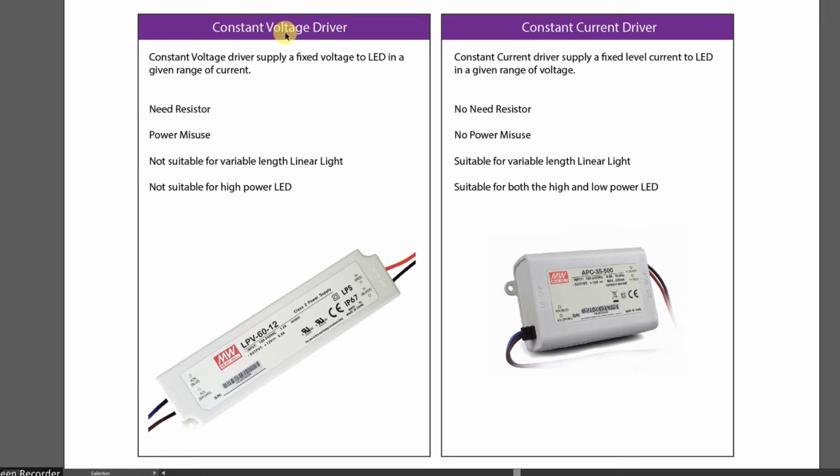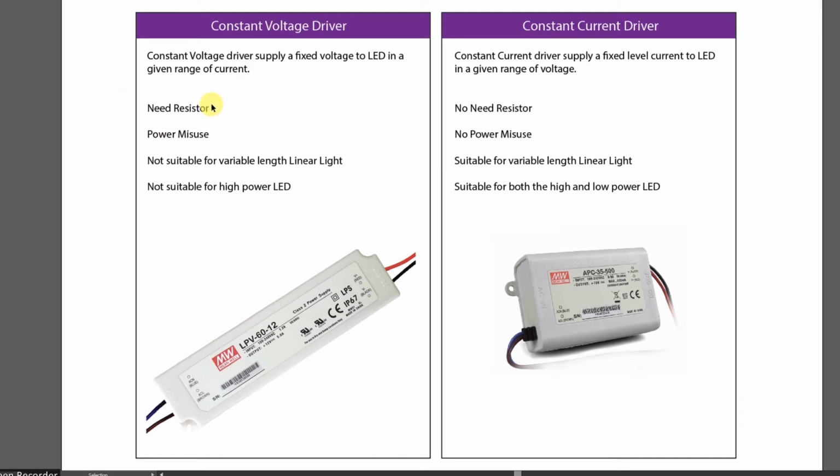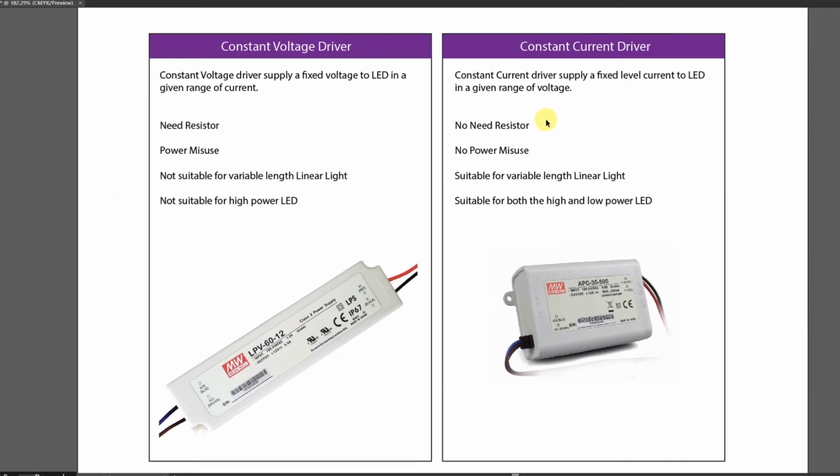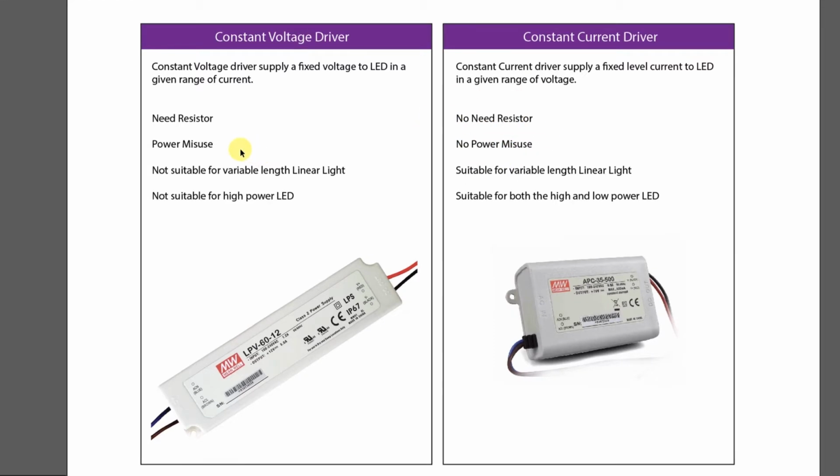If you use constant voltage driver to operate your LED, you need an extra resistor, and because of this extra resistor the power will be misused. On the other hand, if you use constant current driver, you don't need any extra resistor, so there will be no power misuse. Also, constant voltage driver is not suitable for variable length linear light, whereas constant current driver is suitable for variable length linear light.